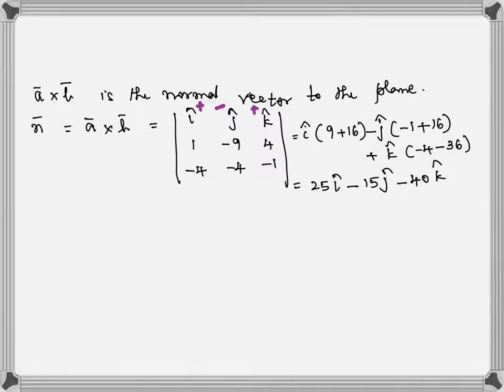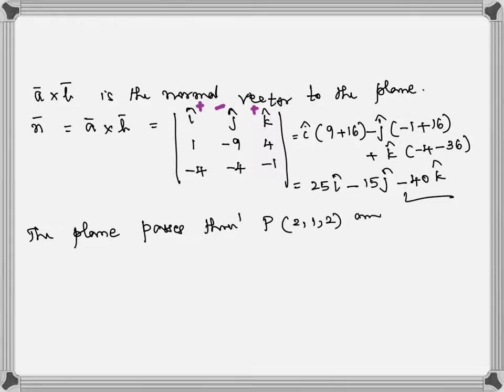Now we know the normal vector and we know the point, so we are ready to write down the equation of the plane. The plane passes through the point P, which is (2, 1, 2) in coordinate form, and has the normal vector 25i minus 15j minus 40k.